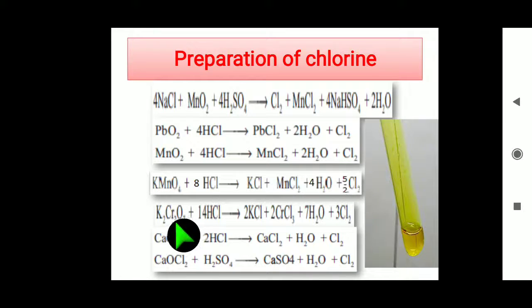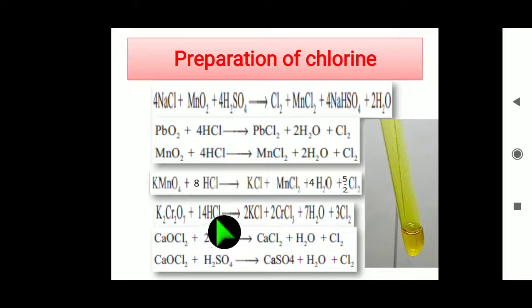Then potassium dichromate reacts with hydrochloric acid, so chlorine gas is liberated. Here also we have to see the oxygen for balancing. Left side 7 oxygen, so right side make it 7. Then hydrogen 14, so left side make it 14.